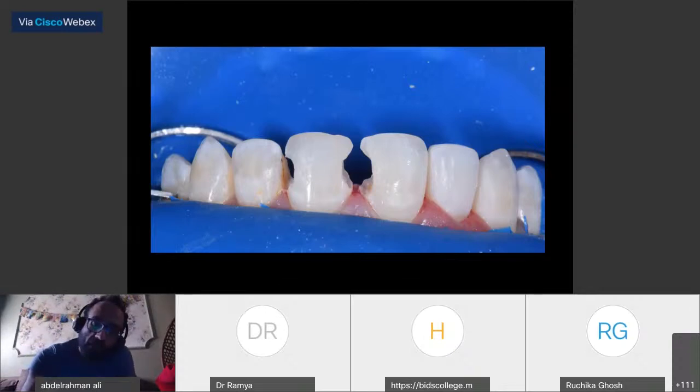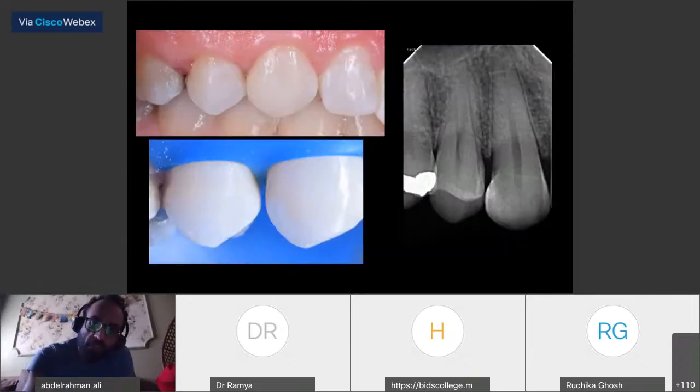So I will call it a space caused by caries. And this is a space with no caries.